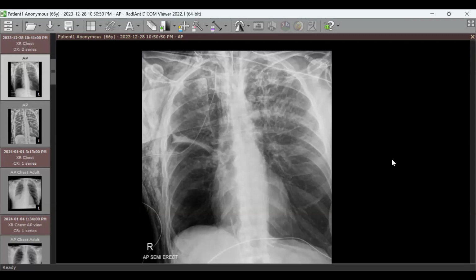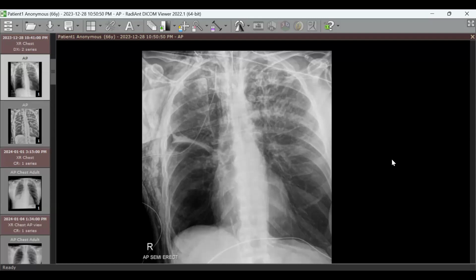Good. So it is AB and semi-erect, most likely done through a portable machine, right? These are all indications that the patient is not doing well, in addition to the great number of lines and tubes. Multiple lines show bilateral airspace shadowing, mostly involving the upper and mid part, with fluid tracking along the major fissure of the right side.